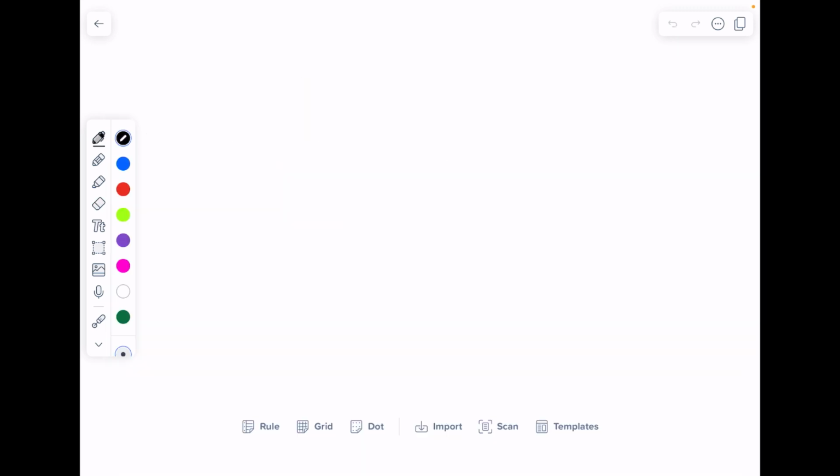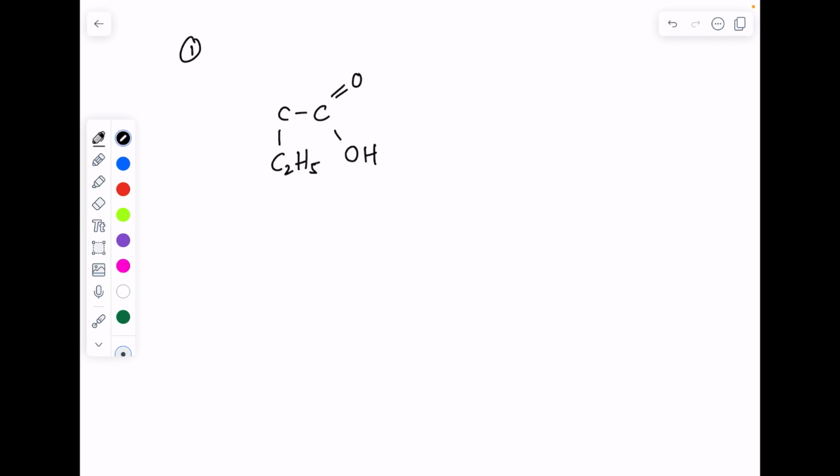So how do we recognise chiral carbons and how do we draw optical isomers? We'll go through a variety of examples here. So we can see we have a chiral carbon here.